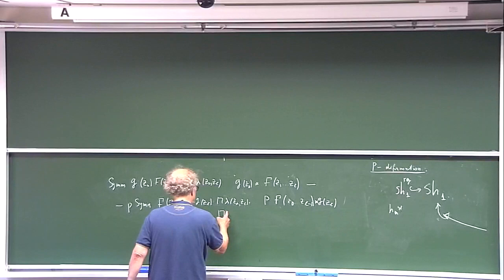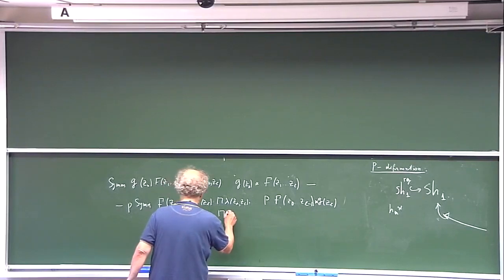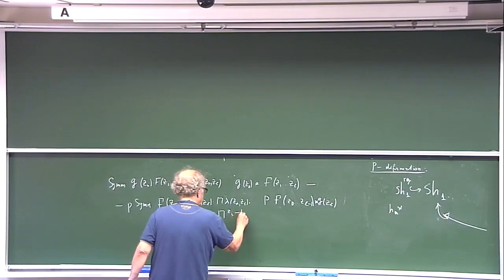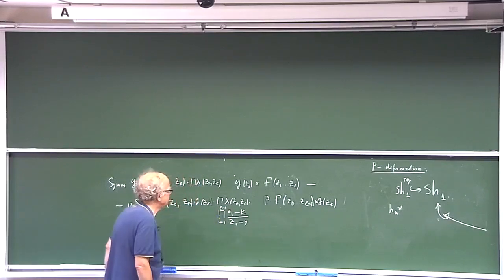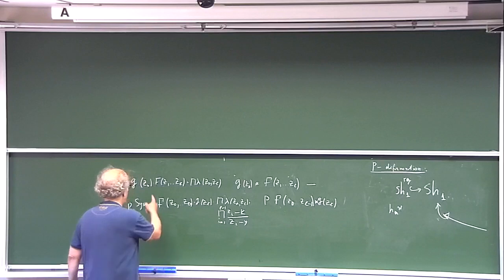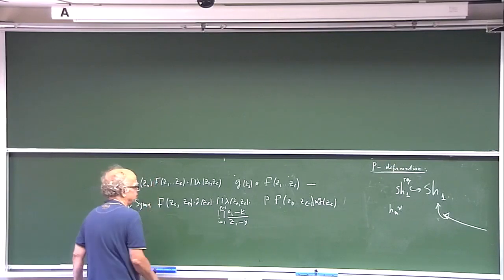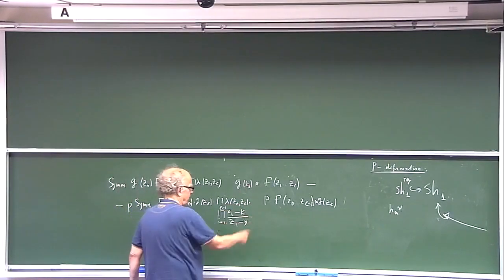In our case, if I write it correctly, it is the product of I minus K over I minus Y, I from 1 to n minus 1. I think it's correct. This minus this, it is just what is written here.